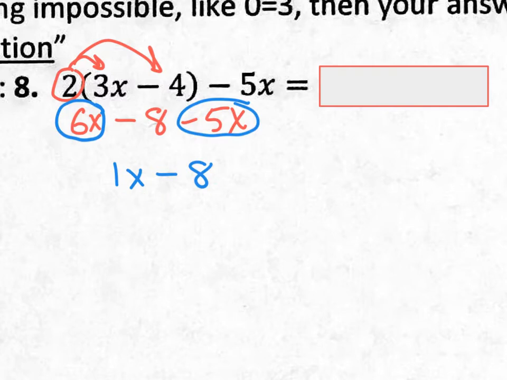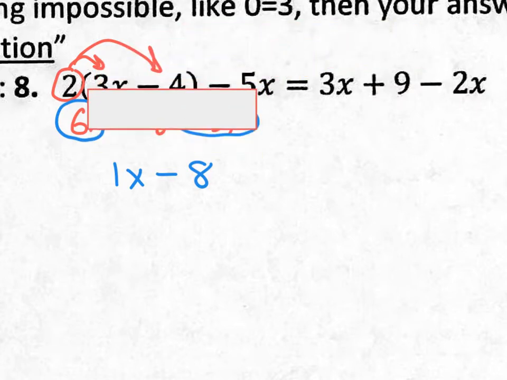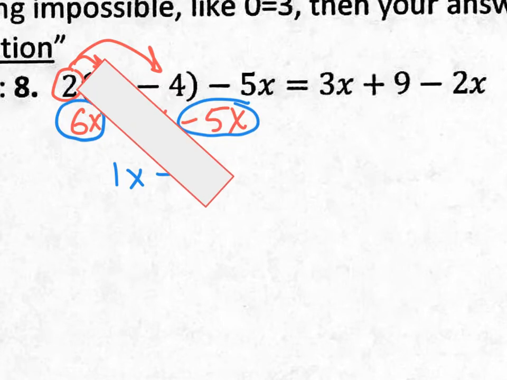So now that I've simplified the left side, let me move this over. Now I'm just going to ignore that side, and just focus in on the right side. Is there any distributive property over here? No, but there is what? Combining like terms. So let me actually combine the 3x with the minus 2x.